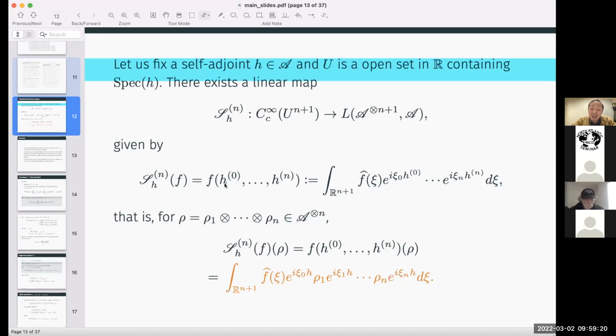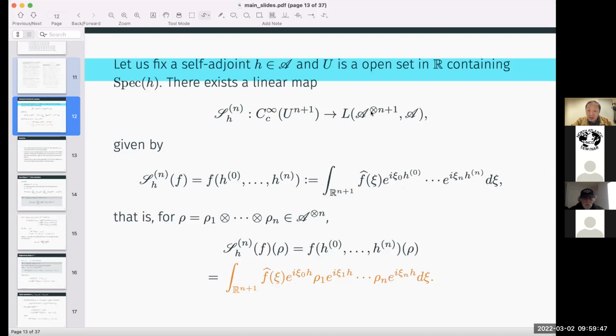At this stage, you can first view these as formal variables, h0 to hn. This is the Fourier transform. Then you can really plug in h0 to hn, which are basically multiplication operators. What's the domain of the action of this operator?